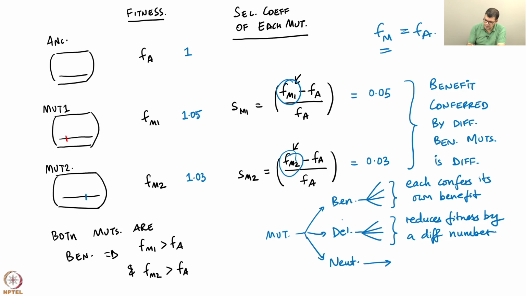But the point being that now we branched these mutations into these three categories, but within each category mutations are not the same. And this study of the differences between these two groups called beneficial and deleterious mutations is called the distribution of fitness effects, which we will continue in the next lecture.